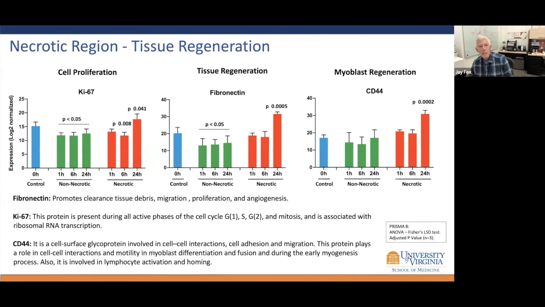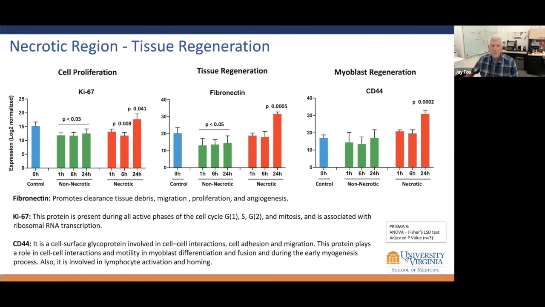And again, in terms of tissue regeneration, we see cell proliferation taking place in the necrotic region. We see tissue regeneration by virtue of the presence of fibronectin, and also a marker for myoblast regeneration is upregulated at that 24 hours. So that's just a brief insight into what we're doing. We're carrying these out to longer times to try to better understand the impact on regeneration by different venoms and perhaps in different hosts.